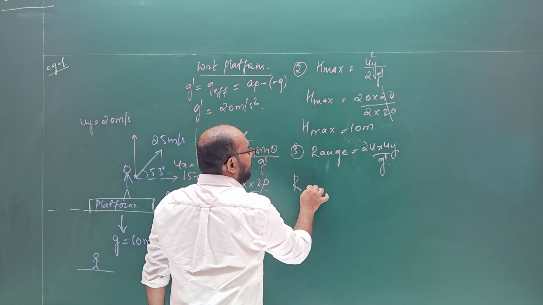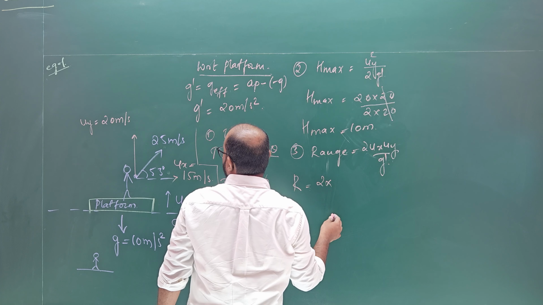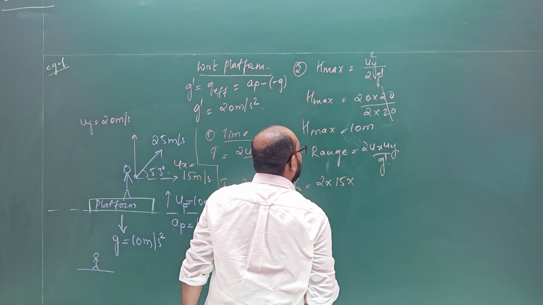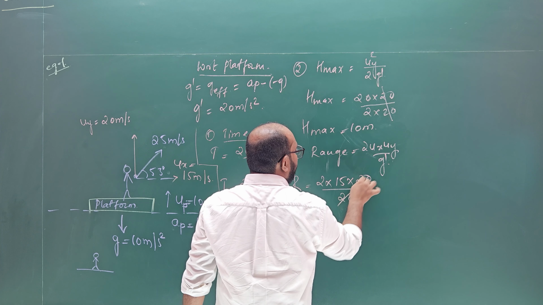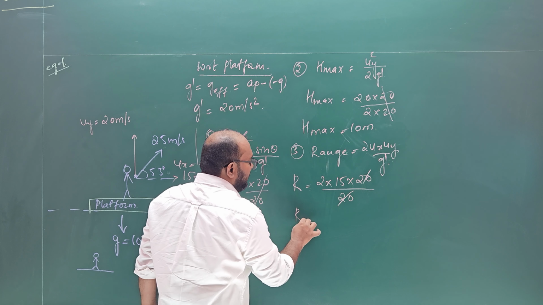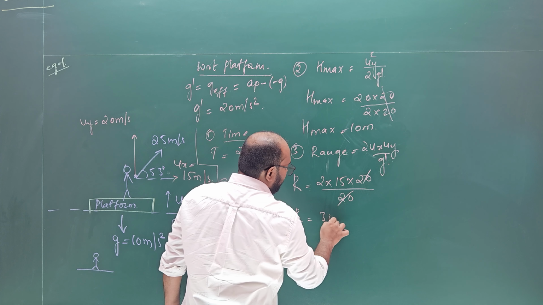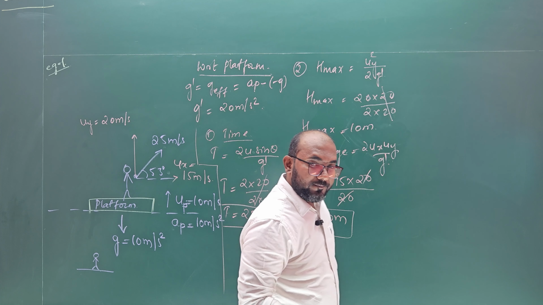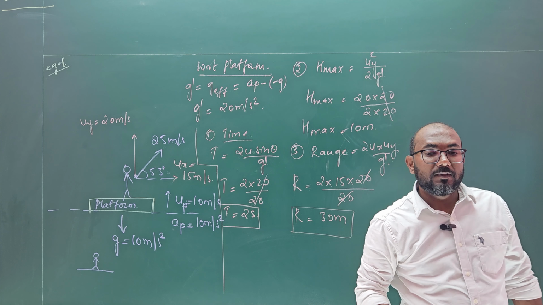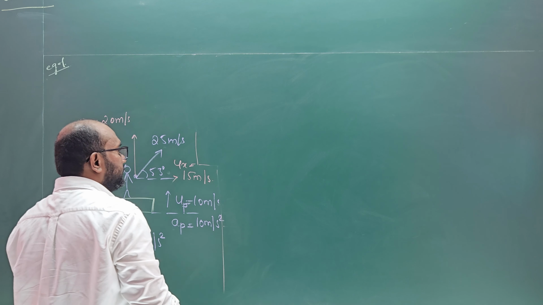So range is nothing but 2 times ux, which is 15, into uy, that is 20, upon g, that is 20. Can I cancel this 20 and 20? So range is equal to 15 into 2, that is 30 meters. These are the values with respect to the platform.